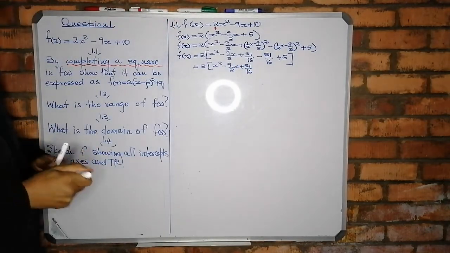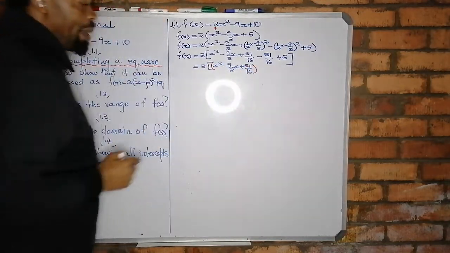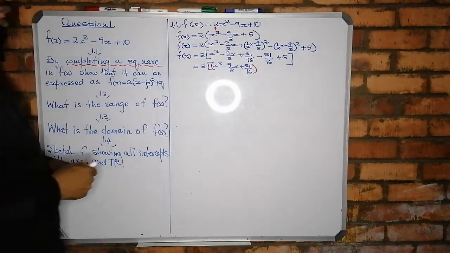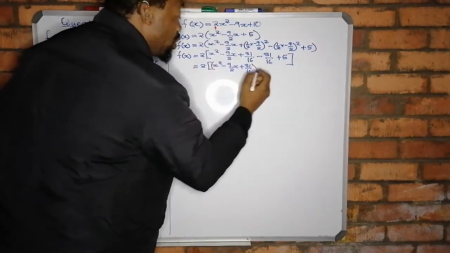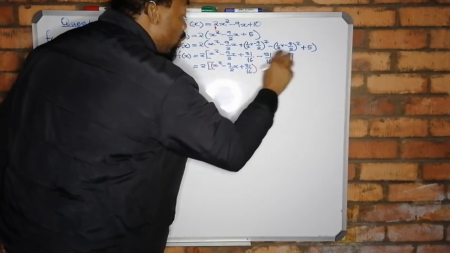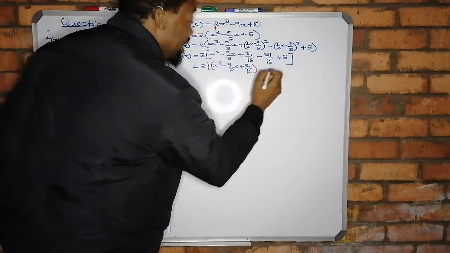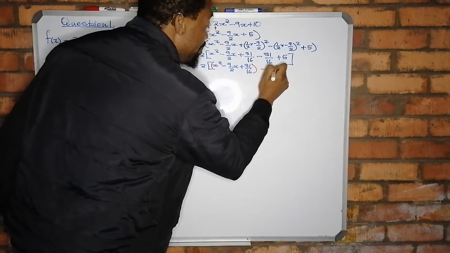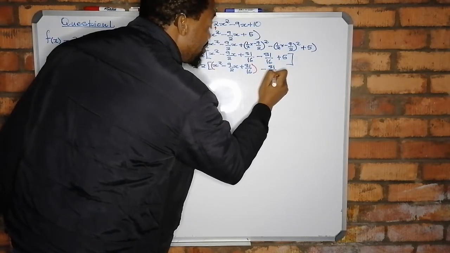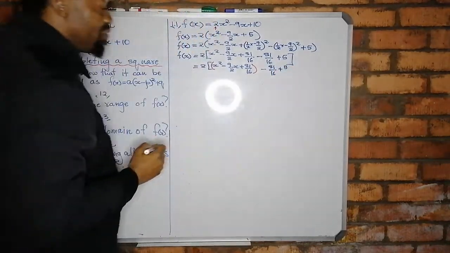What I want to say to you now is, you have made this a perfect square. Then, what am I going to do there? I'm going to add these two together, but now I keep this as it is. It would be minus 81 divided by 16 plus 5.